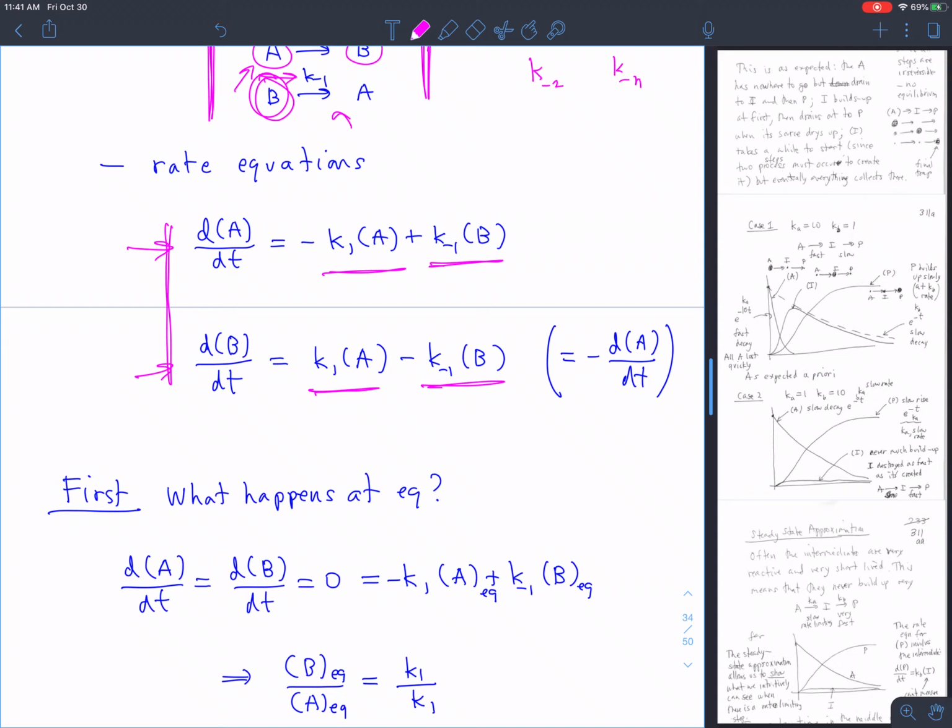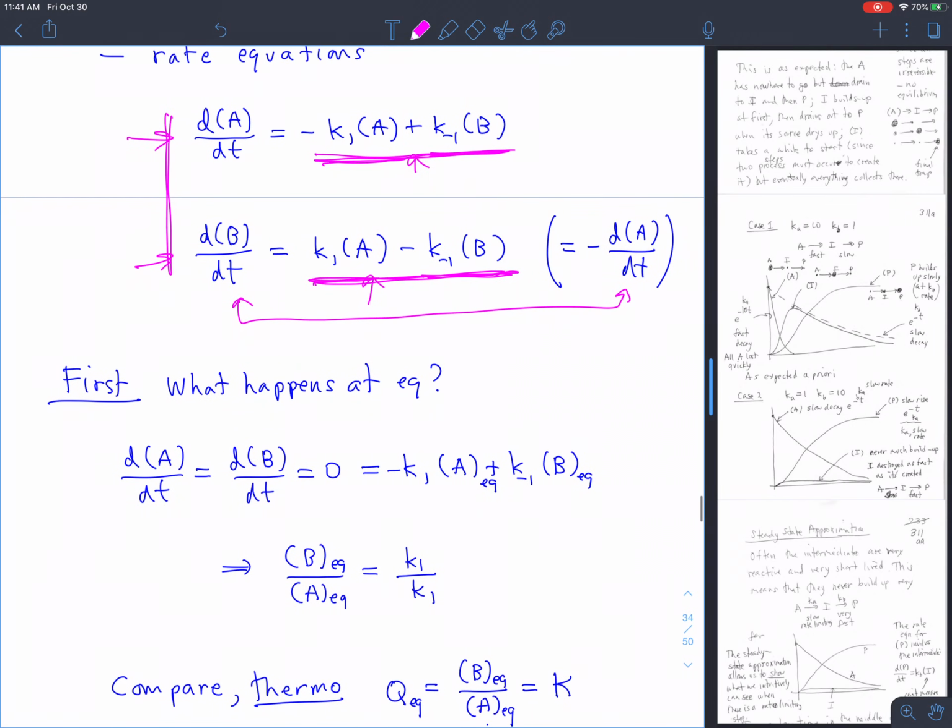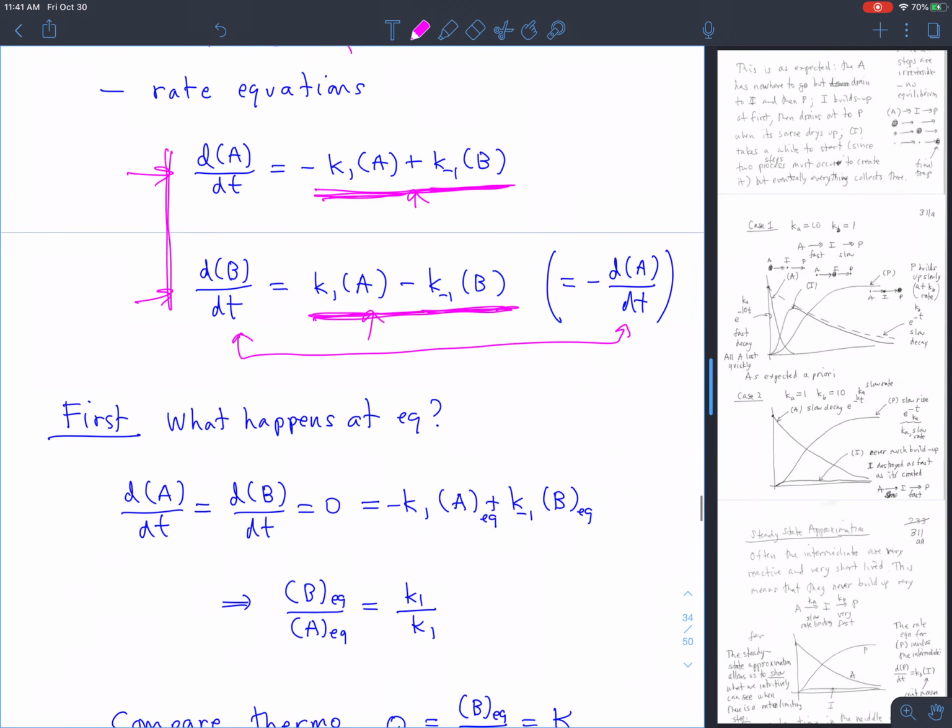If you look at that, you'll notice that this rate equation expression is just the negative of this rate equation expression. Multiply this guy by a minus sign and you get this guy, which means that dB/dt is equal to minus dA/dt. And we're going to exploit that fact a little bit further down when we actually go to solve these equations.